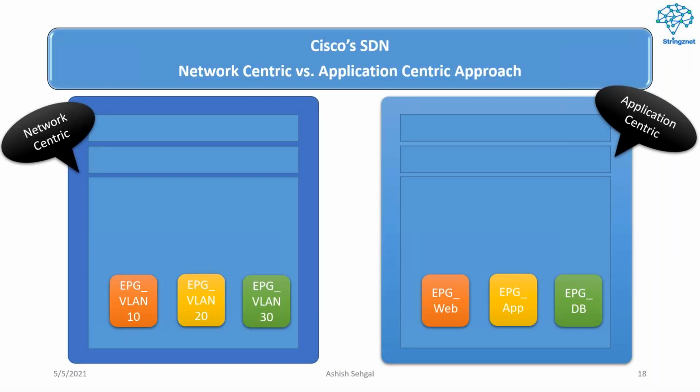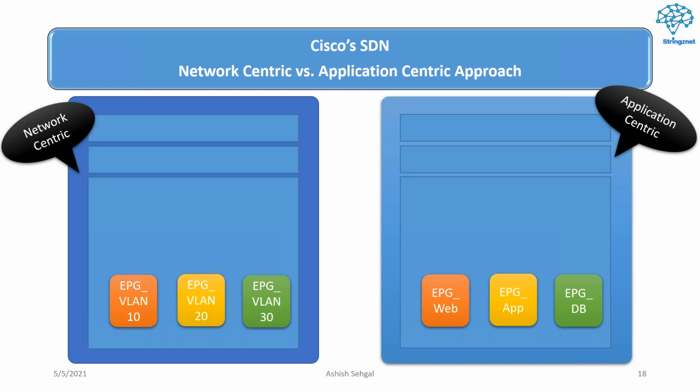So if we look into the placement of the devices, before that there is a simple question, that of SDN, software defined networking, with regard to a solution which is network centric and a solution which is application centric.